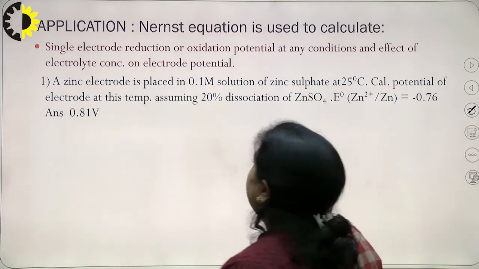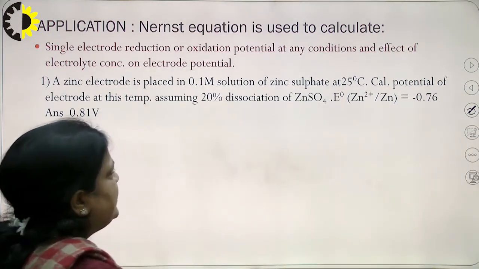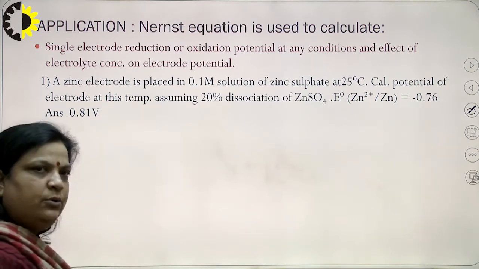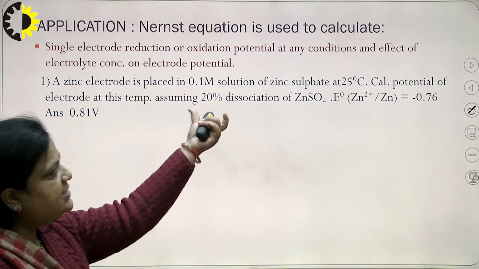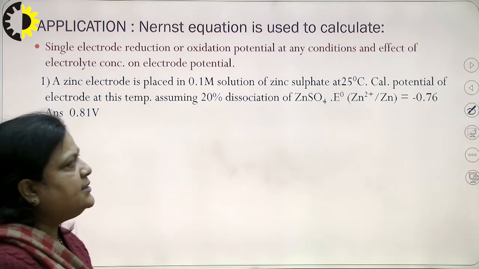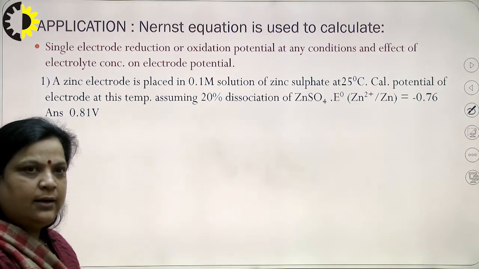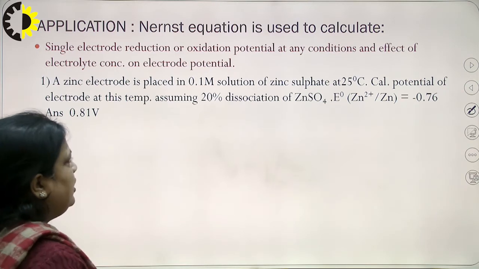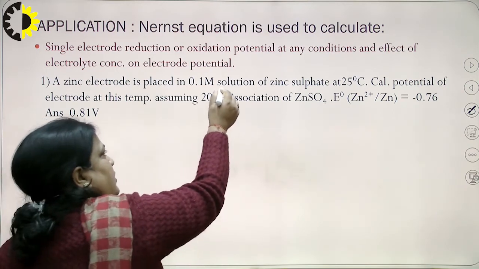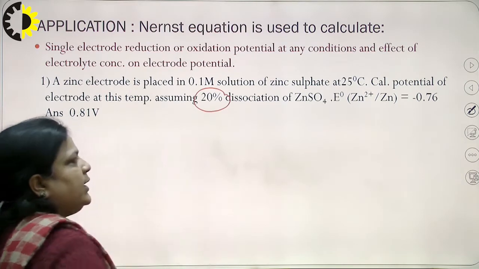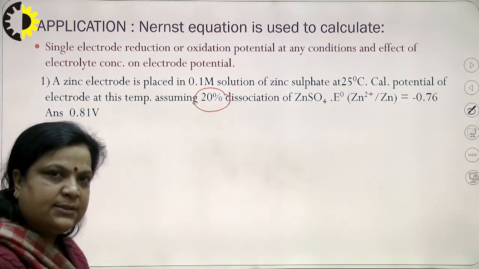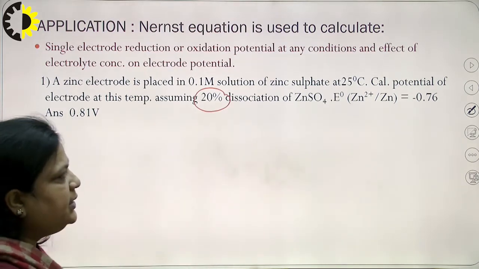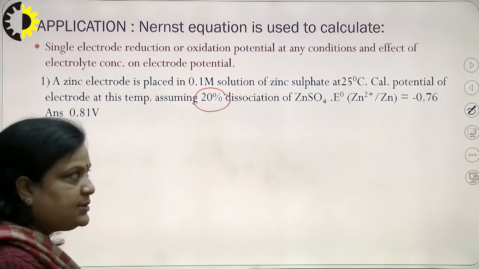Suppose the problem is: a zinc electrode is placed in 0.1 molar solution of its salt, which is ZnSO4, at standard temperature, that is 25 degrees centigrade. Calculate the electrode potential by assuming that during the reaction 20% dissociation takes place, and the reduction potential of zinc is minus 0.76.